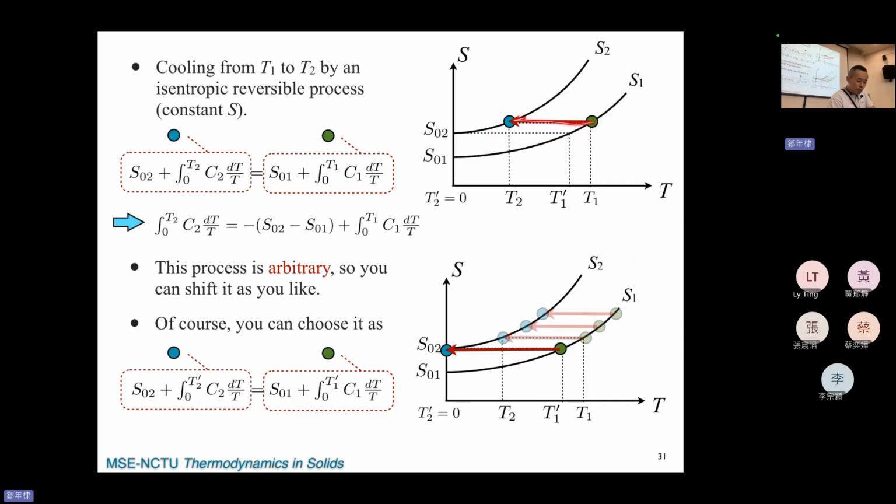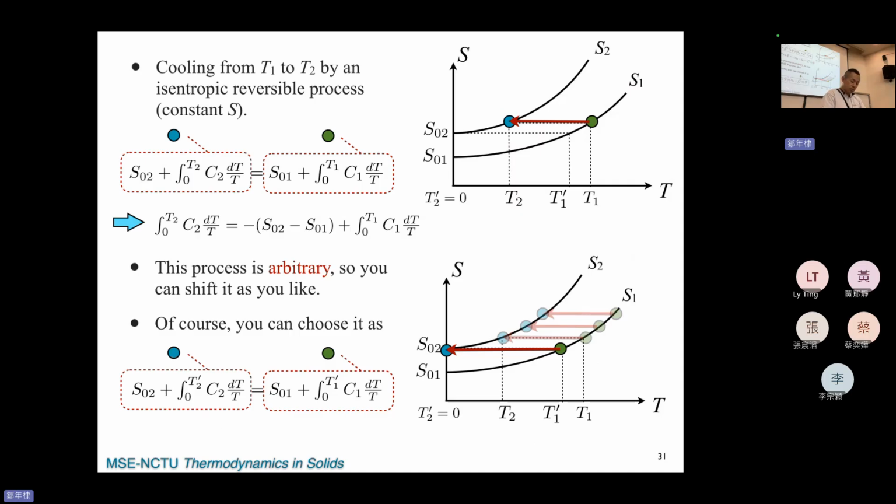We can move this process up or down. If we can do that, why not reach the point where, after the isentropic process, you reach SO2? Which means this equation is possible.